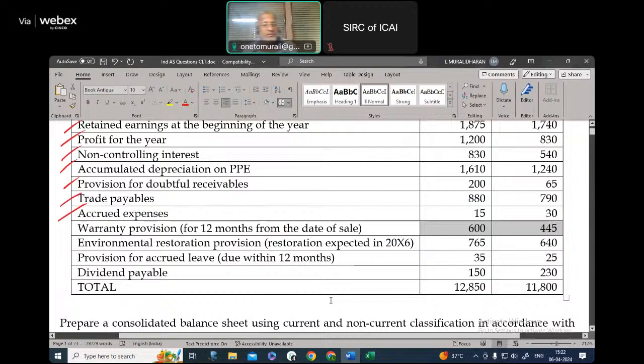Environmental restoration will come under non-current liability, under non-financial.